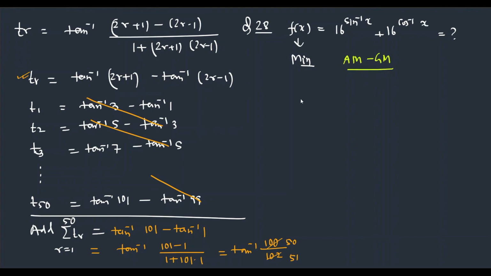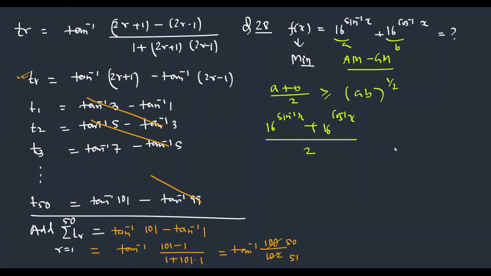AM-GM inequality. That means if a and b are two numbers, both positive, then (a plus b) by 2 is greater than or equal to (a into b) whole power half. So this is your a and this number is b. Take their addition, 16 to the power sine inverse x plus 16 to the power cos inverse x, divided by 2, is greater than or equal to the product of the numbers.